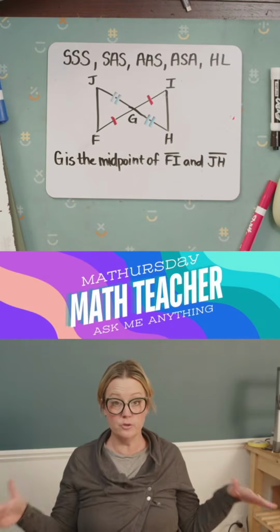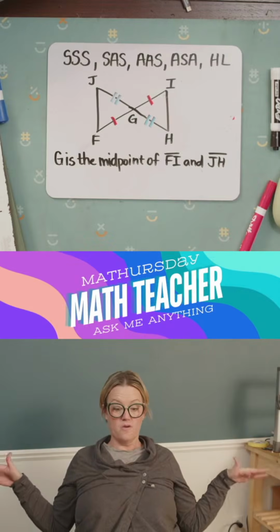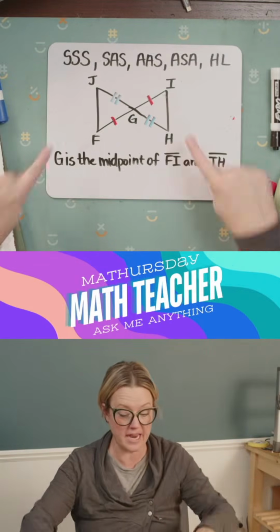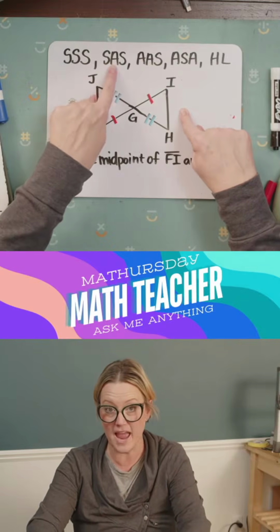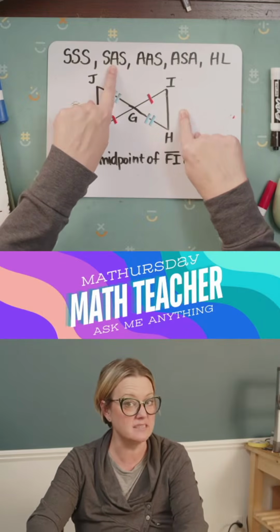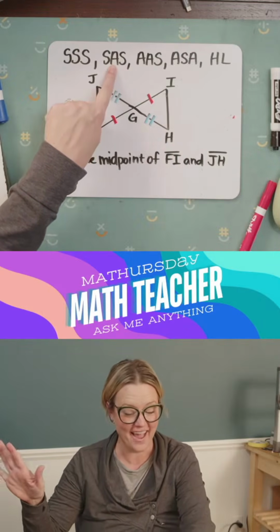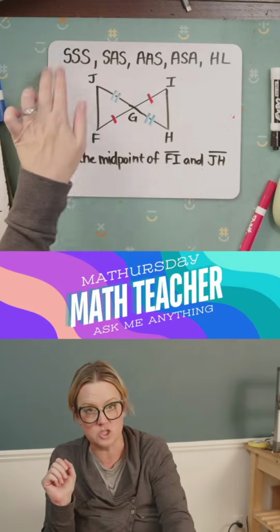So I've got two sides that I know are congruent. If I can figure out that the third side is congruent, I could do SSS. If I can figure out an included angle that's congruent, I could do SAS, right? I can't do ASS because that's something different, okay? But I've got two sides, so I know it's going to be one of these two things.